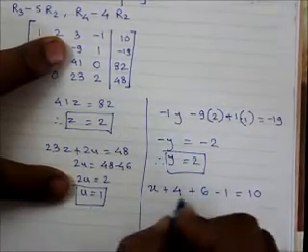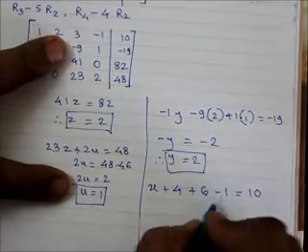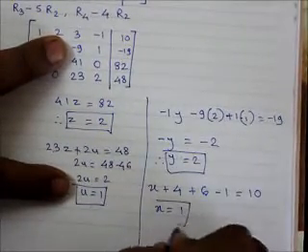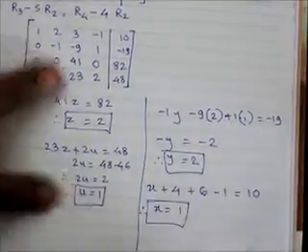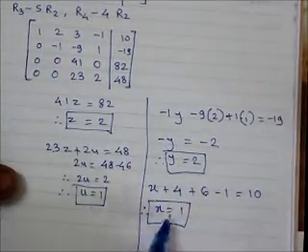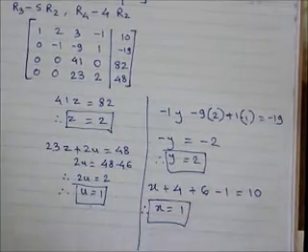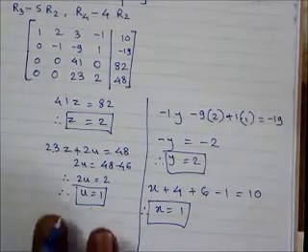So 4 plus 6, 10 minus 1 is 9. Taking it to that side, x is equal to 10 minus 9, x is equal to 1. That's the fourth of your answers. So x, y, z and u, 1, 2, 2 and 1. So that's your answer right there.